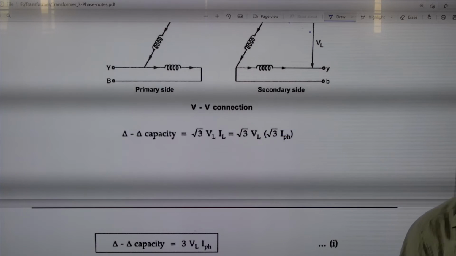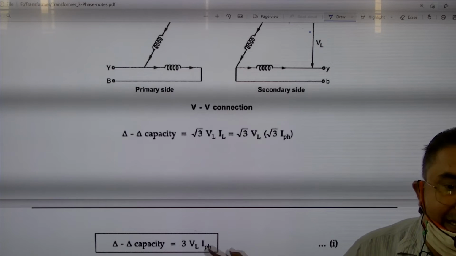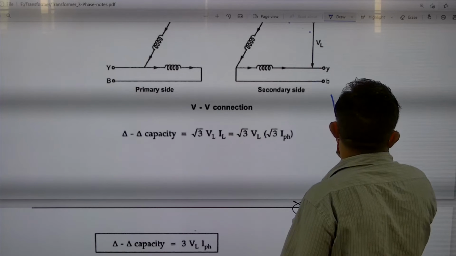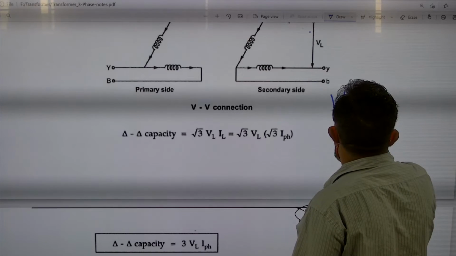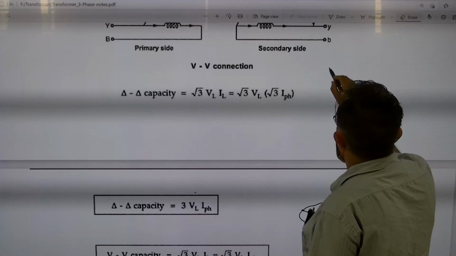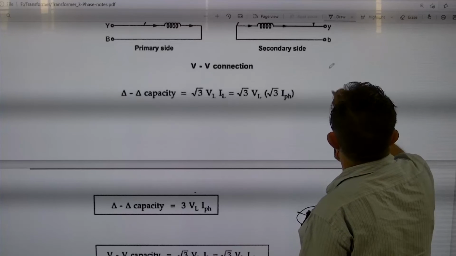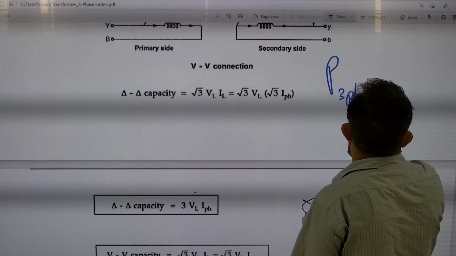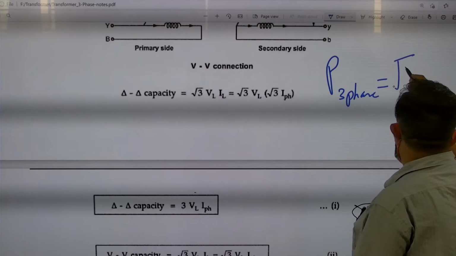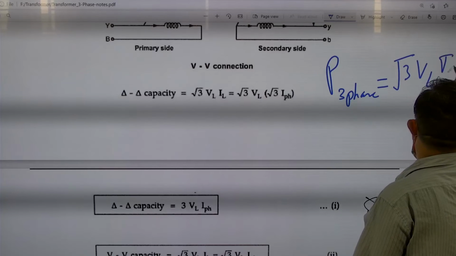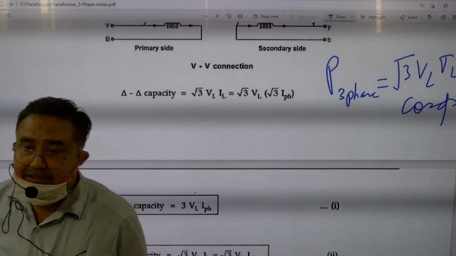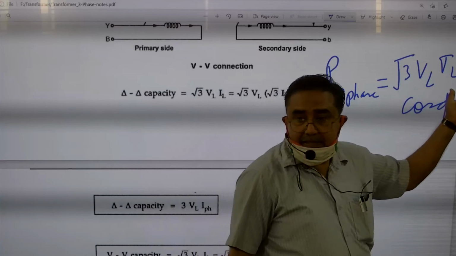If I take only S, then it will be √3 VL IL. भाई, एक्टिव पावर कितना होता है 3 फेज पावर में? 3 phase power is √3 VL IL cos phi. What is S? This is your P.